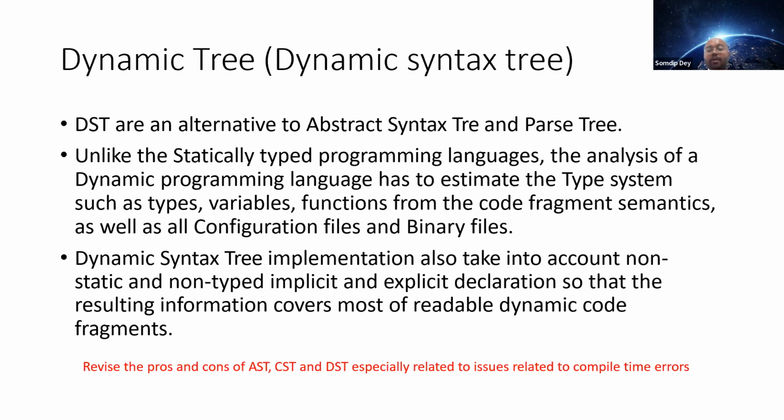So in a dynamic programming language, estimating the type system for all these different forms is represented using the dynamic syntax tree, or DST in short. The DST implementation also takes into account non-static and non-typed implicit and explicit declarations, so that the resulting information covers most of the readable dynamic code fragments.